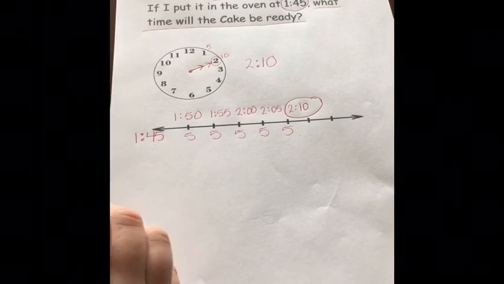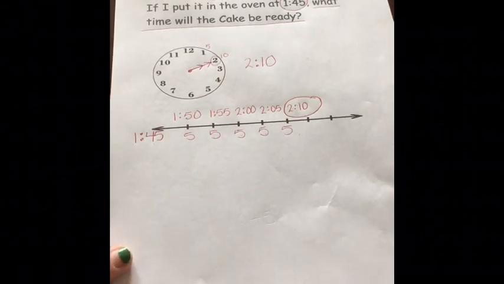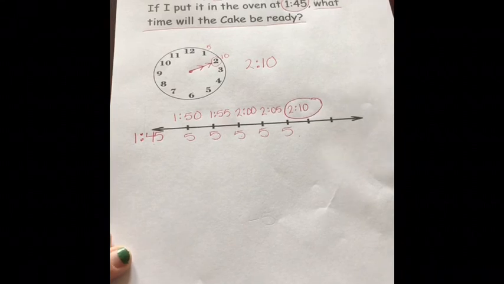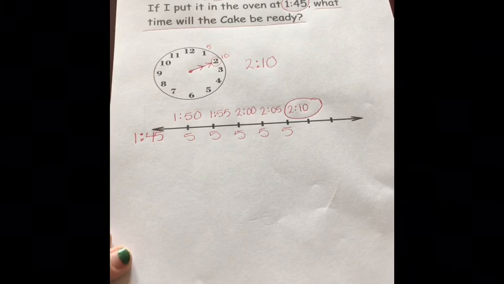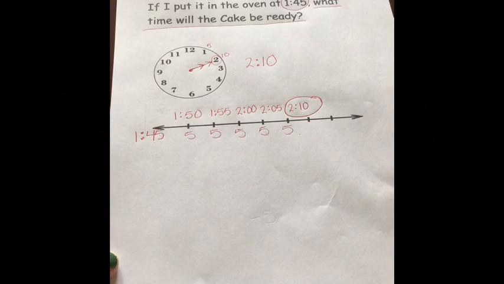So now let's read the question, and then we're going to use the question to write our answer. It takes 25 minutes to bake a cake. If I put it in the oven at 1:45, what time will the cake be ready? So now I'm going to use my question to write my answer.